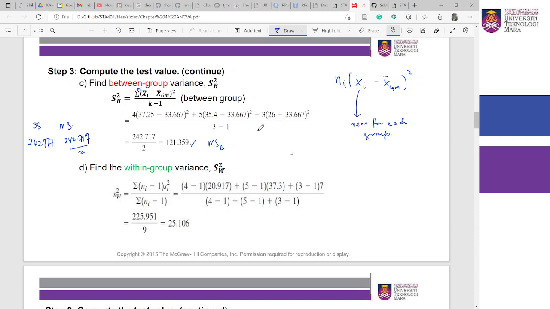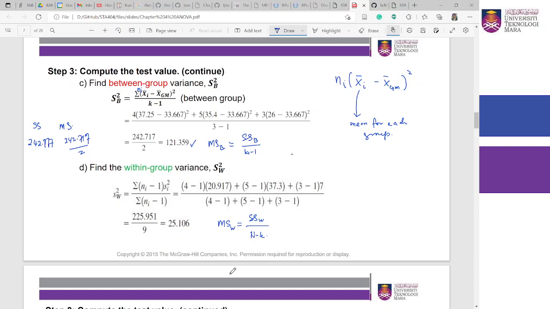So in this case, this is simply equal to the sum of square between divided by k minus 1. Okay, for this one it will be MSW. So this is just simply sum of square W divided by n minus k.